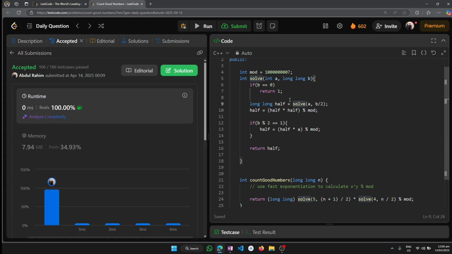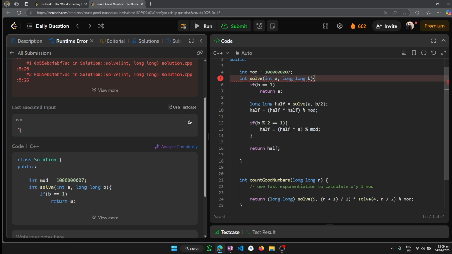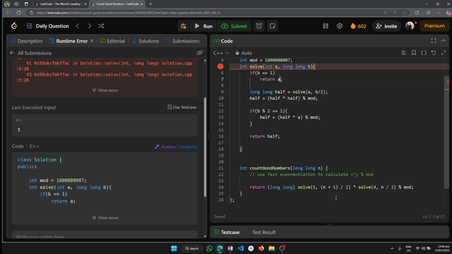What's wrong if I do something like this? If I do that when b is equal to 1, return a. What's wrong with this? When n is 1, that will lead to an infinite recursion, right?